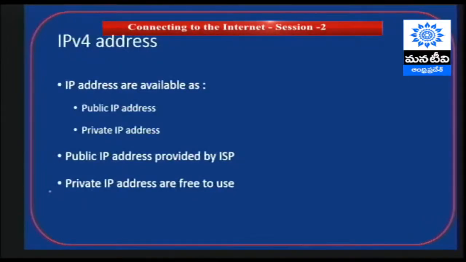So let's get into the session by looking at the contents to learn. On this page we see the different types of IP addresses, that is public IP address and private IP address. The IPv4 addresses are divided into two categories called public IP address and private IP address. Public IP addresses are those provided by the Internet Service Provider, ISP.